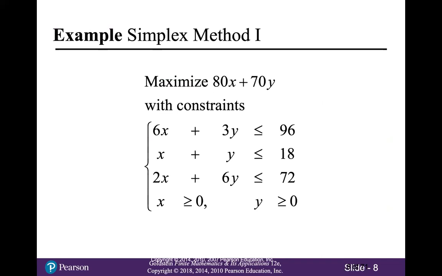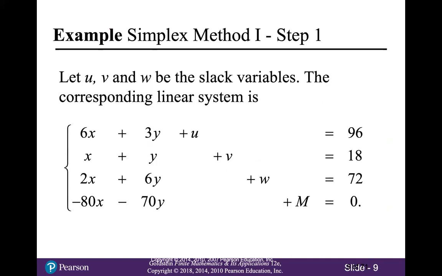All right, so as an example, we're going to use the chairs and sofas problem from chapter 3, which is to maximize 80x plus 70y, subject to those same constraints. Now, we did set up a simplex tableau for this problem in the last section. And the way that worked is first we introduced our slack variables.